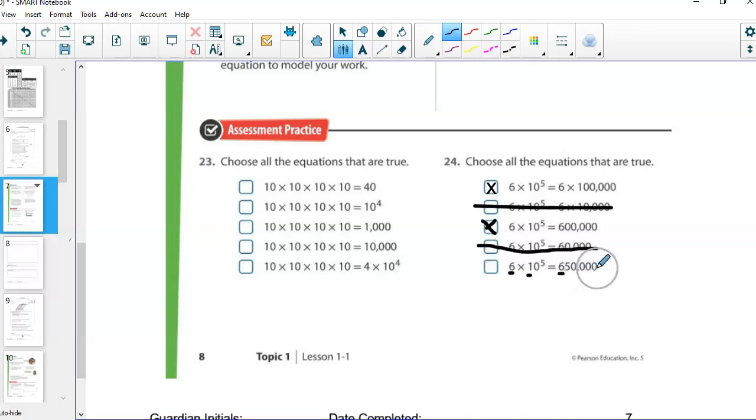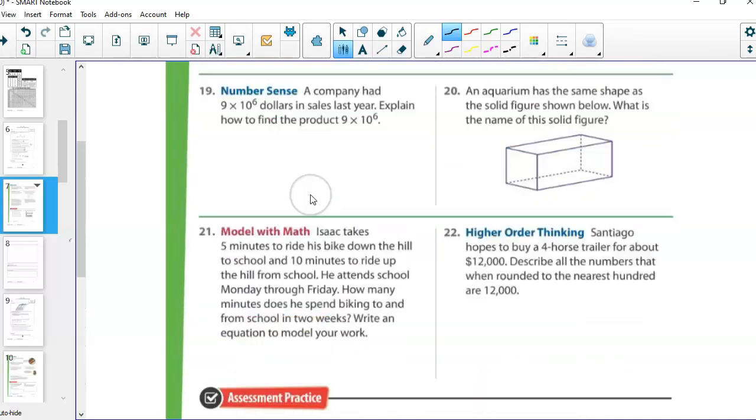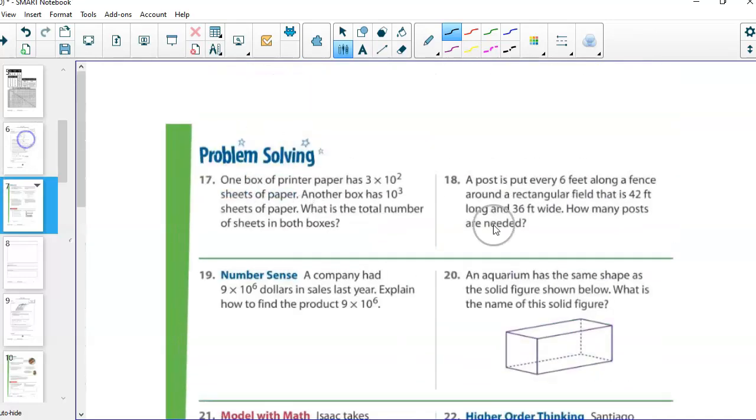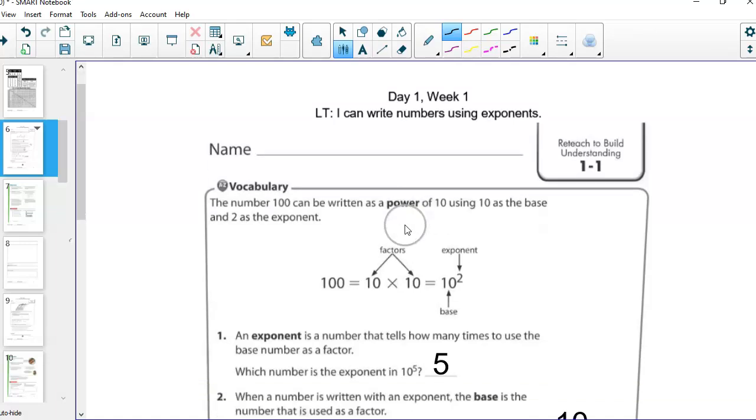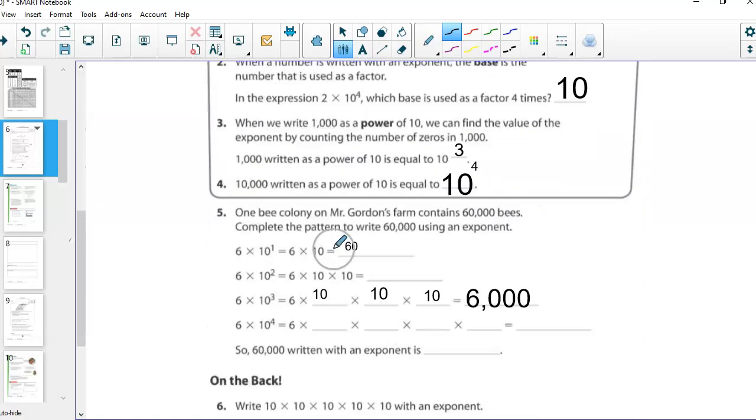So 6 times 10 to the 5th is like taking 6 times 100,000, which would not give us 650,000.